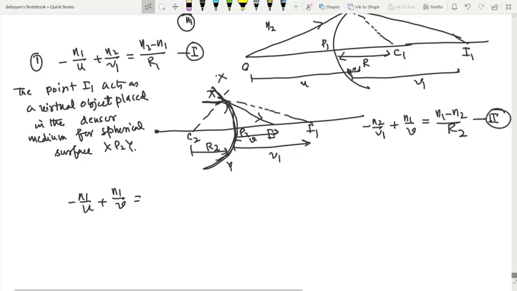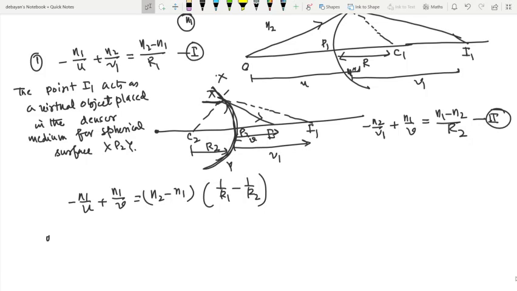Taking n1 common and dividing by it, we get 1 by v minus 1 by u equals n2 by n1 minus 1, times 1 by r1 minus 1 by r2. If we take n2 by n1 equals n, the relative refractive index of the lens with respect to the rarer medium, then 1 by v minus 1 by u equals n minus 1 times 1 by r1 minus 1 by r2.